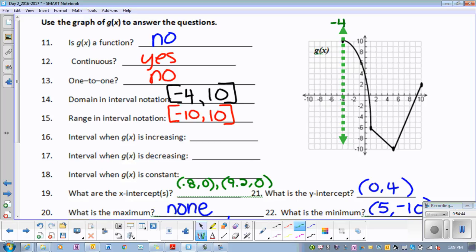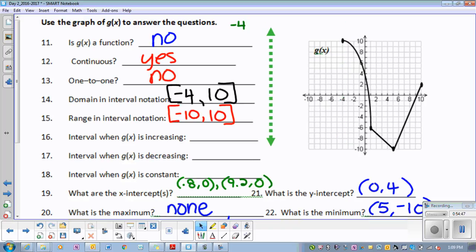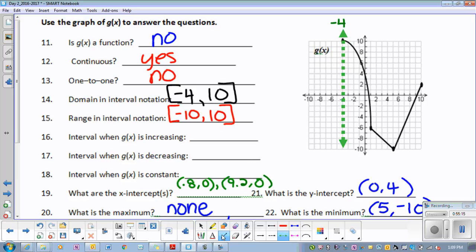Let me say it again. This graph starts here at this point, so I'm going to draw a dashed line right where this graph starts. What is the x number that this line crosses through? -4. So I'm going to put my -4 right there. And then I see my graph is going, and then it changes direction right there.